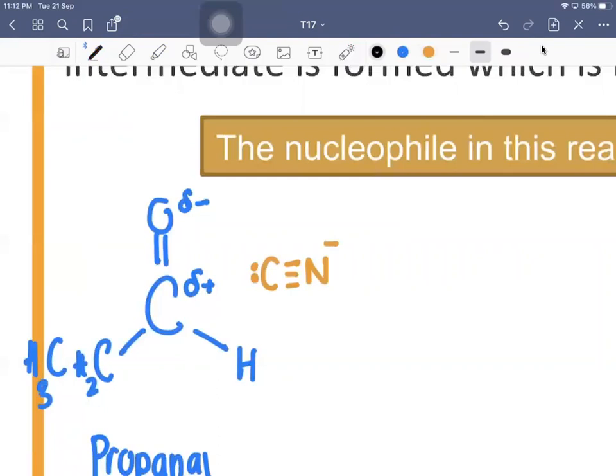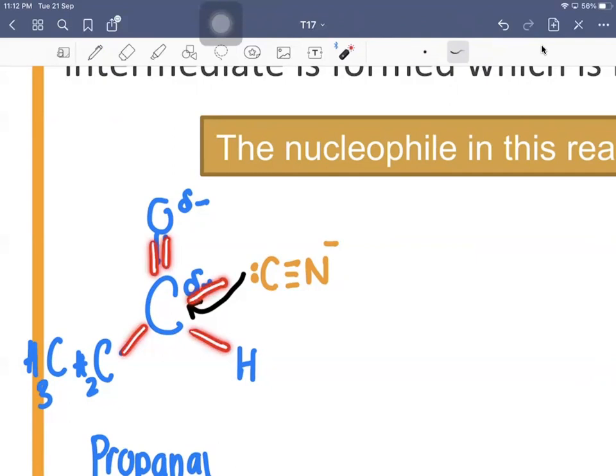The cyanide ion will attack the slightly positive carbon. That means the lone pair on the carbon is shared with the slightly positive carbon of the carbonyl group. So you would imagine that there will be 5 bonds here.